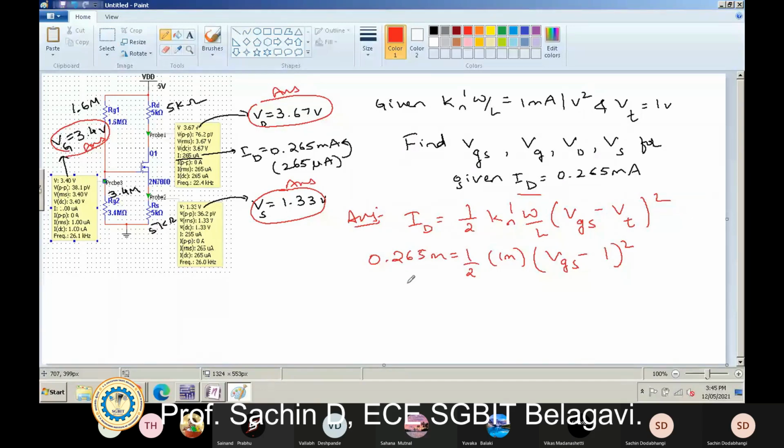I repeat, in my given question, I had given only resistor values. Rest all, the voltage at gate terminal, voltage at drain terminal, and voltage at source terminal, we need to find. Practically, I have shown you the answer. Theoretically, what you need to get, that you need to find.